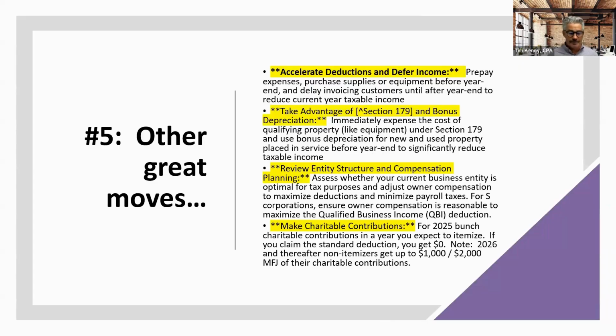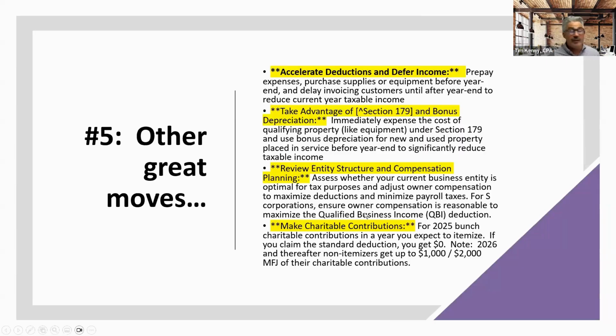In other words, if you anticipate that you're going to need some new computers in 2026, and you've had a really strong 2025, why not accelerate that purchase, make it happen in 2025? It's important to know that you need to receive those computers and put them in service in 2025, but then you'll get that expense or that deduction in 2025.